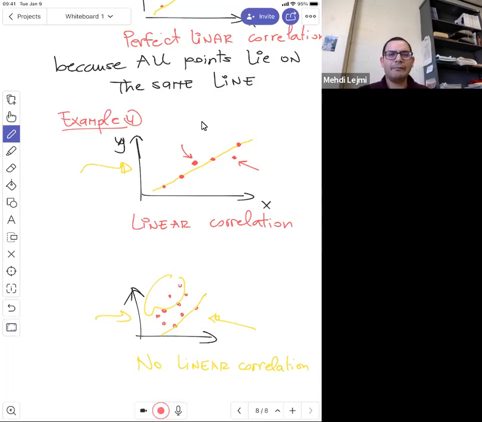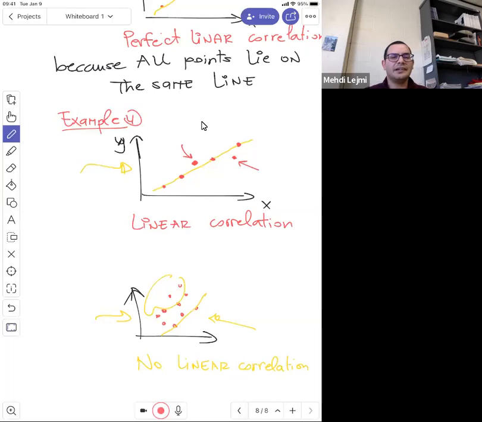Anyway, we're going to have a numerical measurement to see if we have a linear correlation or not. It's not really a guess, because we're going to compute something called the correlation coefficient, and with the correlation coefficient you can determine if you have a linear correlation or not.